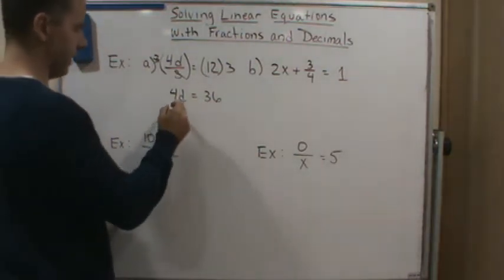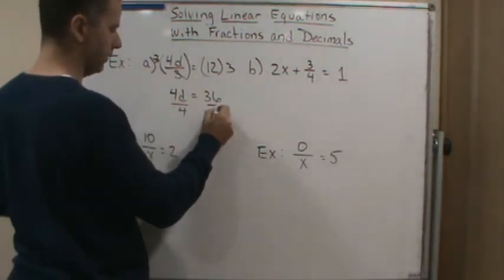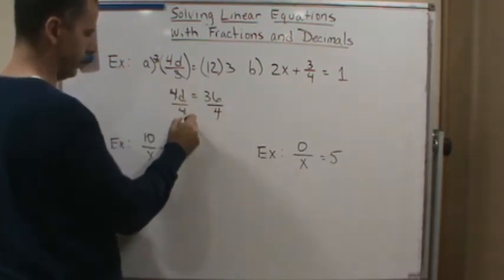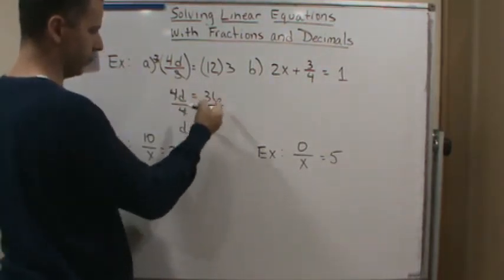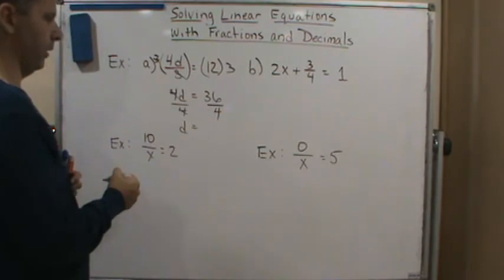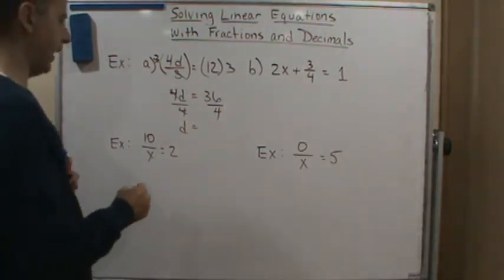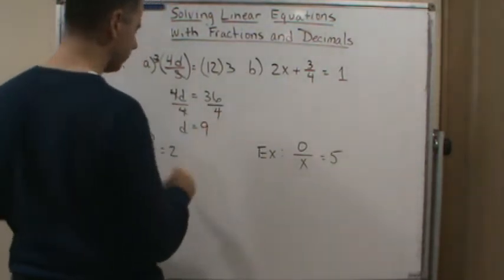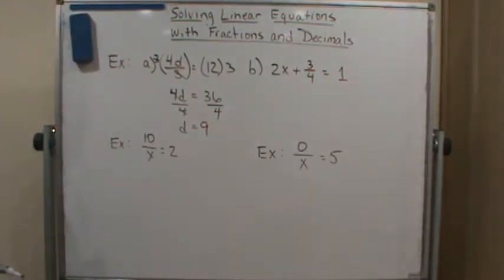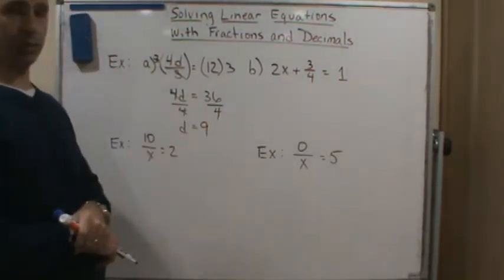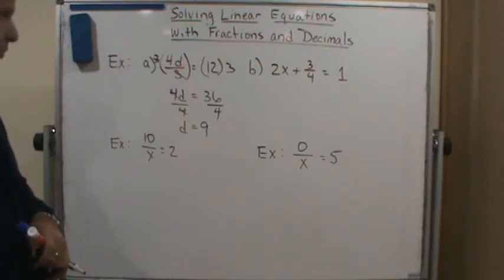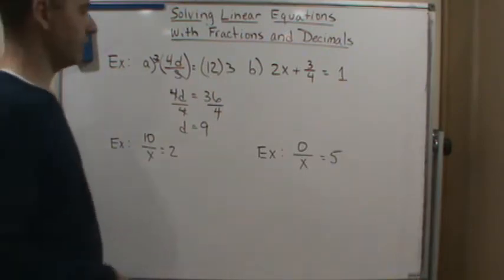And now I just divide both sides by 4. So here I get d equals 36 divided by 4, which gives us 9. So d equals 9 is the solution, the root.